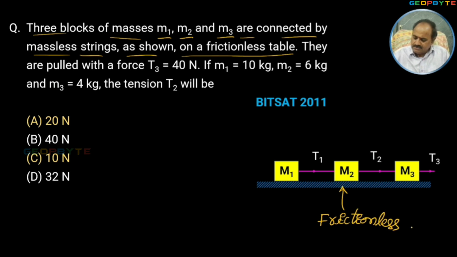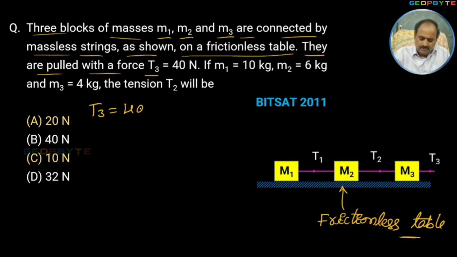Frictionless table means we did not consider any friction between the table surface and the 3 masses. The strings are massless, meaning you need not consider the mass of the string. They are pulled with a force T3. T3 is given, T3 equal to 40 newtons. If M1 is 10 kg, M2 6 kg and M3 4 kg, then what is the value of tension T2?